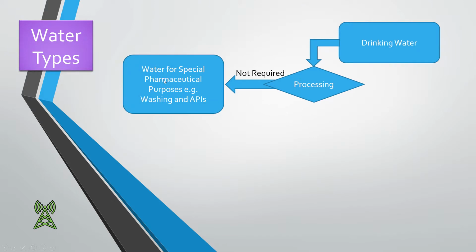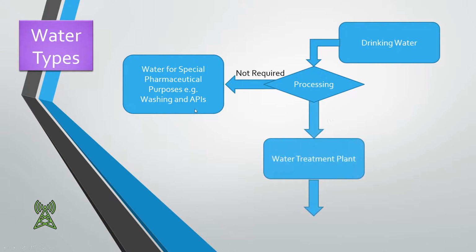If not, then it will go for the washing purposes in the pharmaceutical manufacturing, and if the facility is about APIs, it will go for the APIs, etc. And if it requires water treatment, it means we definitely want to produce purified water and highly purified water. So definitely this drinking water requires processing, and it will go to the water treatment plant.